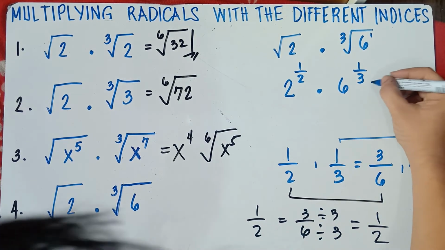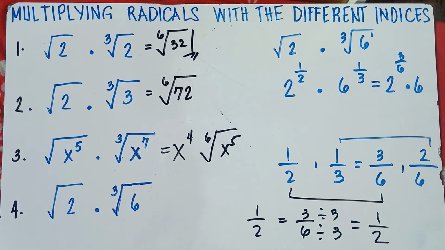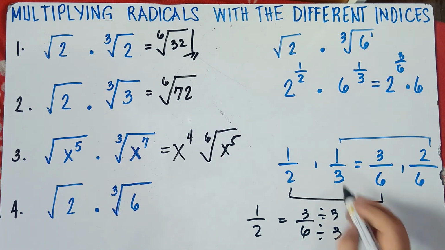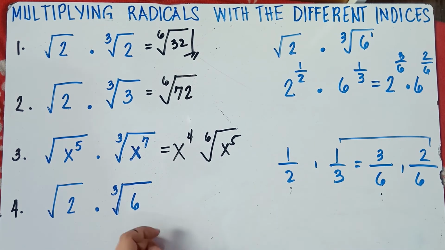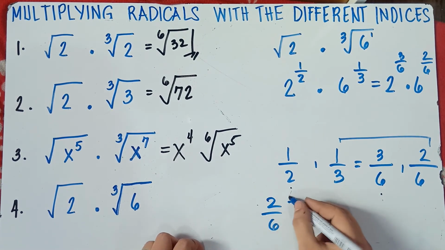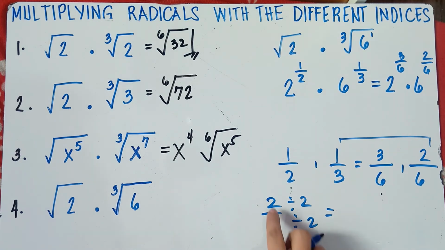So we can write this as 2 raised to the power of 3 over 6 times 6 raised to the power of, so this 1/3, class, is the same as 2 over 6. Because 2 over 6, we can reduce by dividing by 2. 2 divided by 2 is 1, 6 divided by 2 is 3.